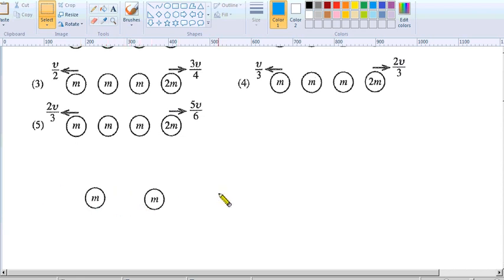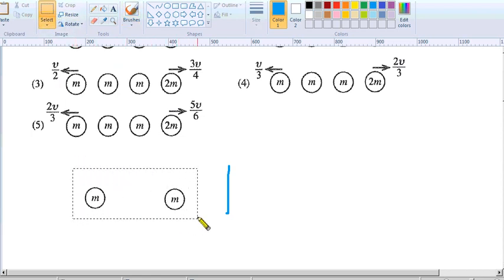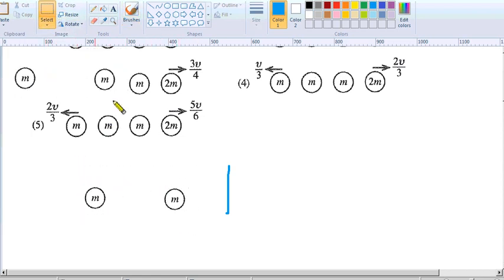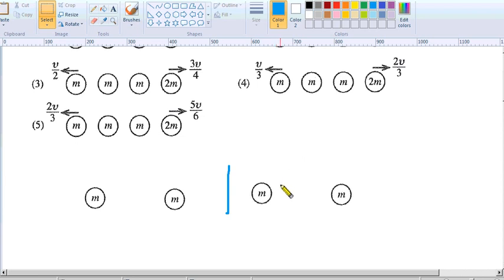So this is before the collision. The balls are like this. So after the collision, let's draw the balls. I use colors so that you will not get confused, otherwise you will get confused.